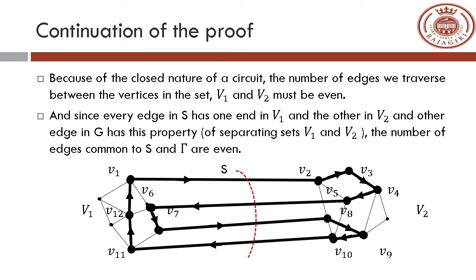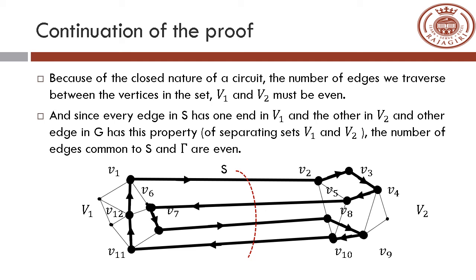Consider the example. Suppose we are forming a circuit in the given graph starting from the vertex v1 along the edge to v2, then v3, v4, v5, v6, v7, v8, v9, v10, v11, v12 and back to v1. And the cut set S is the four edges of this graph.